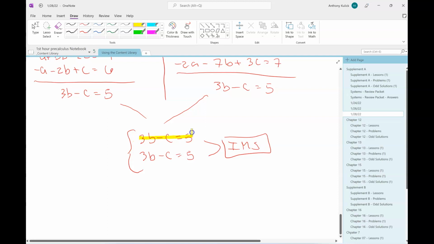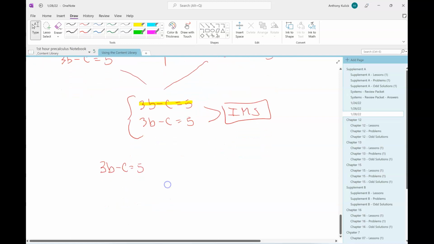So what we're going to do is pick one of the two variable equations, now that we know it's infinitely many. And I'm going to isolate one of the two variables. It doesn't matter which one. In this case, I'm going to choose to isolate the c because it'll avoid any fractions.